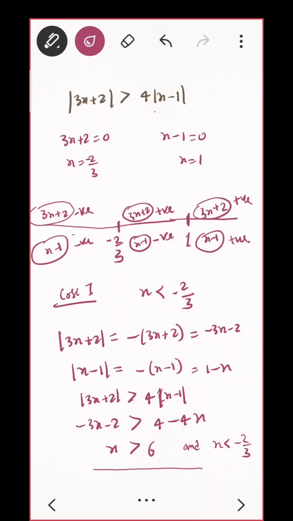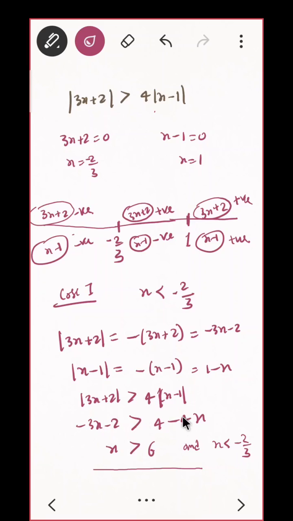Are you with me? I started by putting zero in the mod, and we saw when it will be negative and when positive, correct? So when we say this is negative, that means mod of 3x plus 2 will be minus of 3x plus 2, that is minus 3x minus 2, and mod of x minus 1 will be minus of x minus 1, that is 1 minus x. Let me just put it in the equation.